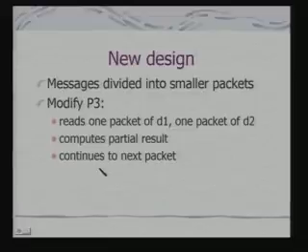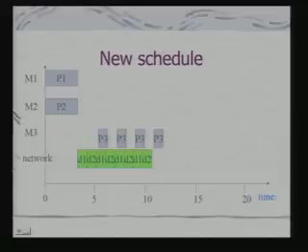Therefore, you can now schedule P3 overlapped with the actual transmission, because earlier P3 was getting scheduled only after transmission was complete. In this case I have divided the data into packets. So, these D1, D2 correspond to packets from task P1 or P2.